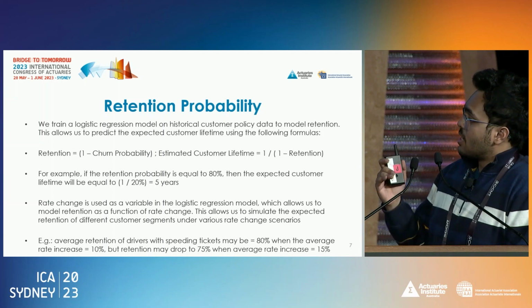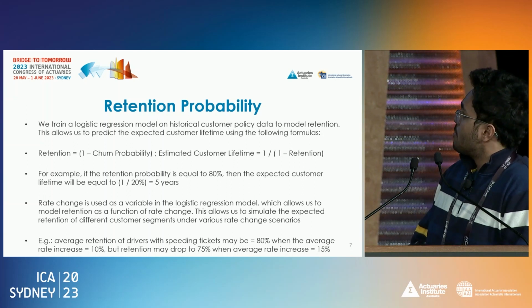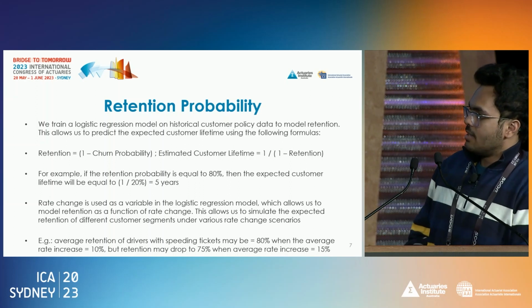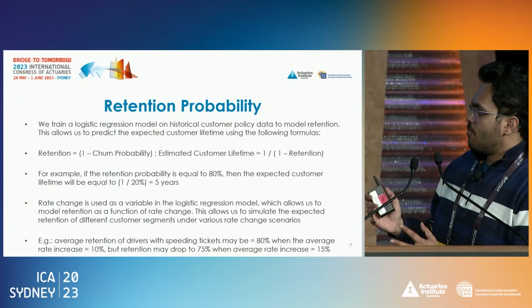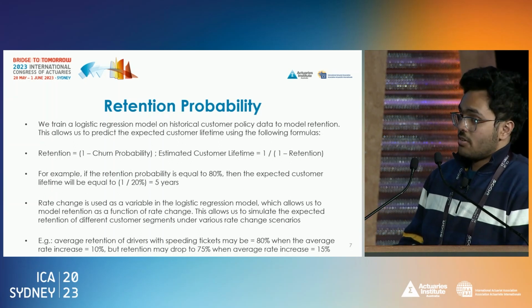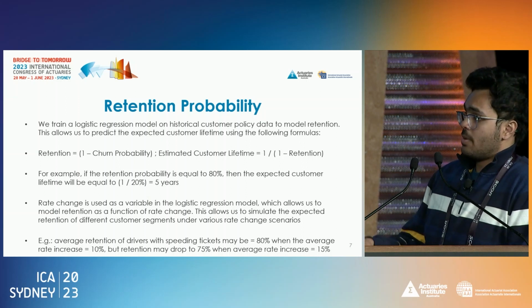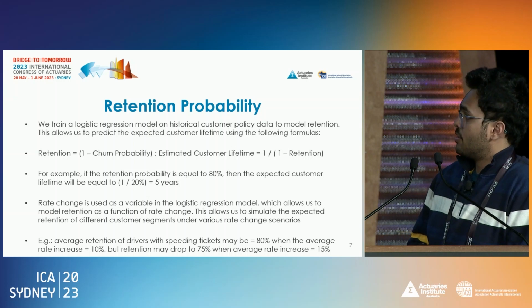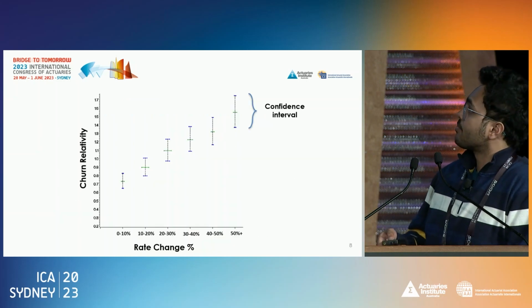But that same retention may drop much lower to 75% when the average rate increase is higher, at 15%. And it reflects the competitive market because other insurance companies might be trying to go after the same customer and maybe pricing more favorably compared to your insurance company.